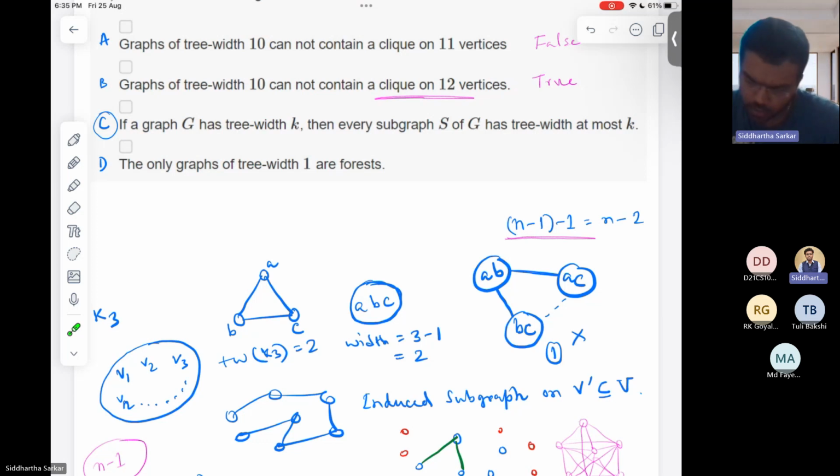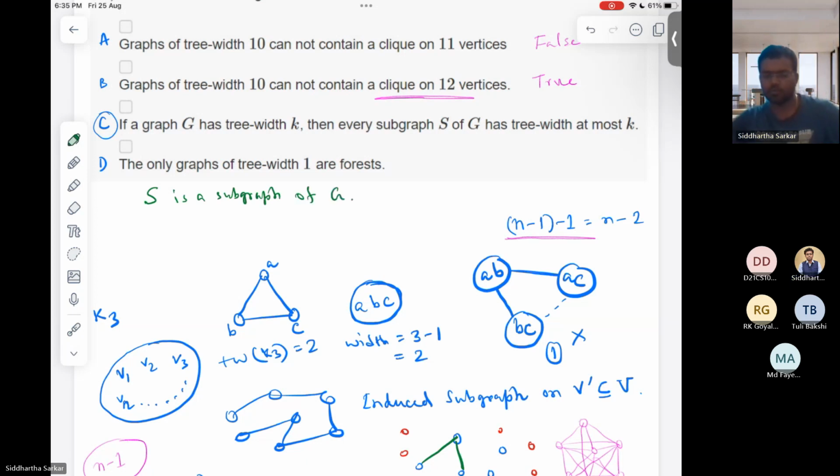Okay, so now let's come back to the question. S is a subgraph of G, so some of the vertices and edges are deleted. But still the same tree decomposition will work for S as a tree decomposition.